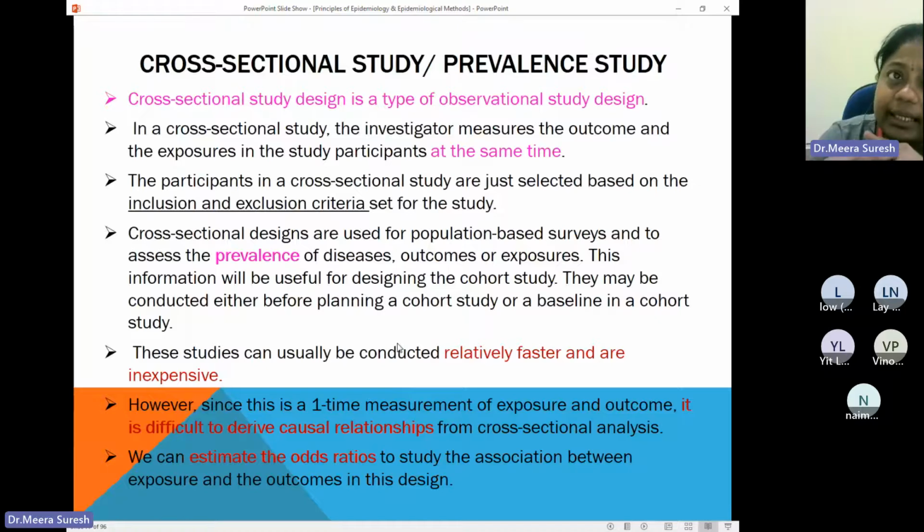This type we can see in certain monthly books, where they make articles on what the current young generation is thinking about some condition, unemployment or something. So that's a one-time study.